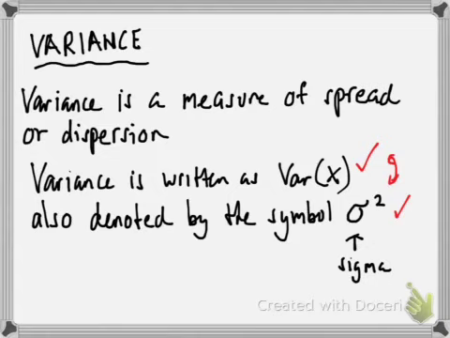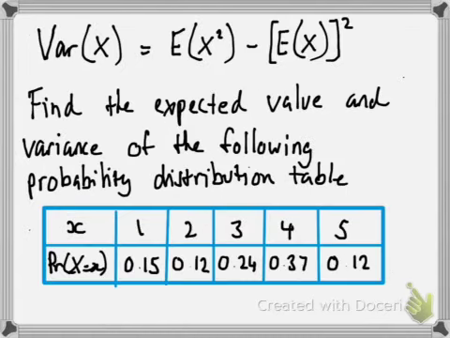They'll appear from time to time in exams and also in the work that we do in class, but they mean the same thing. The formula for working out the variance of a discrete random variable such as X is E(X squared) minus E(X) all squared. Two different things.